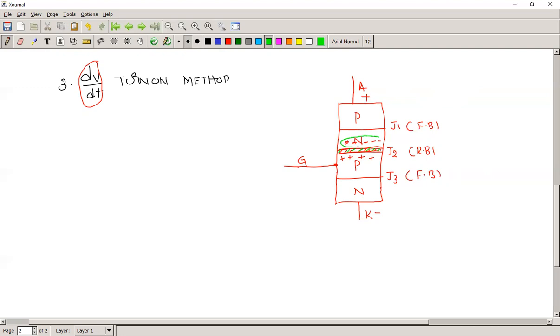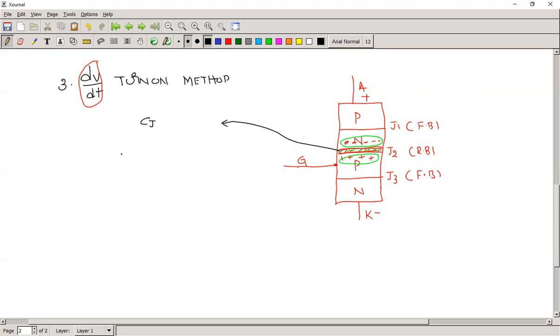This is the negative charge, and this is the positive charge. So some amount of capacitance is formed across the junction J2 due to the accumulation of charge carriers. So junction J2 has a capacitance, which we take as Cg, the junction capacitance.